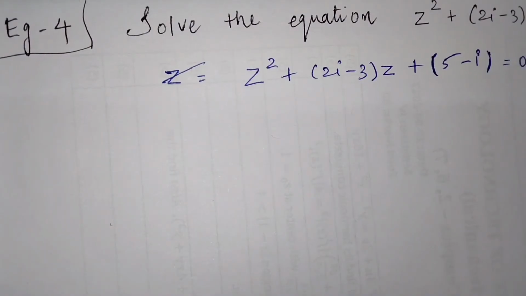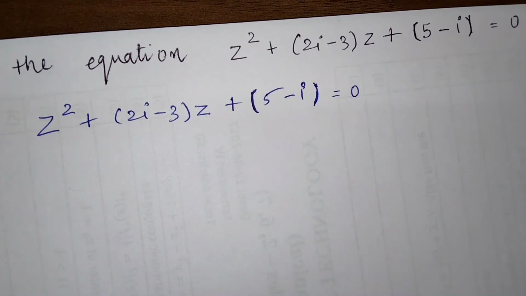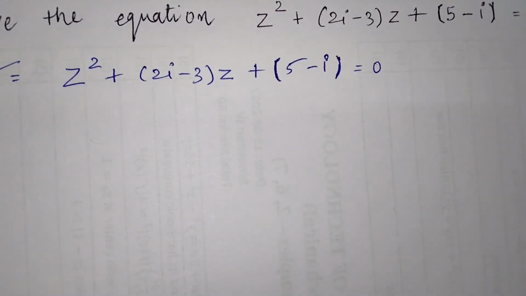So example 4. Solve the equation z square plus 2i minus 3 into z plus 5 minus i equal to 0. Sometimes they ask you to solve the equation, and during that time you don't have to find any theta or r, you just have to find the roots of the equation. This question can be asked for 3 to 4 marks.